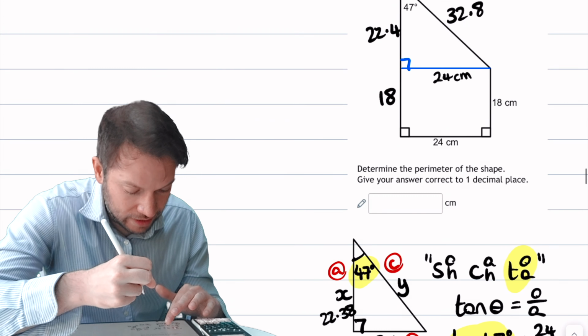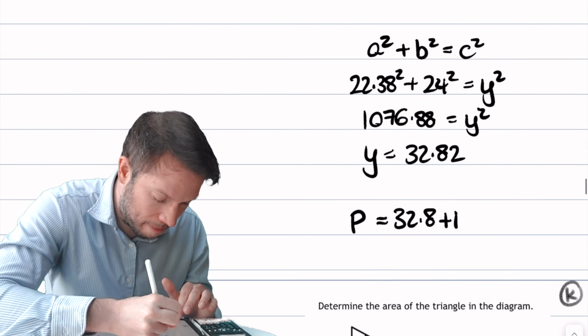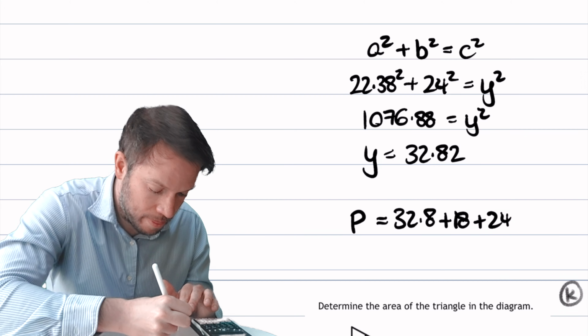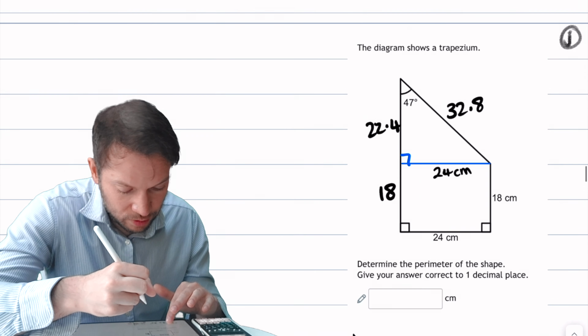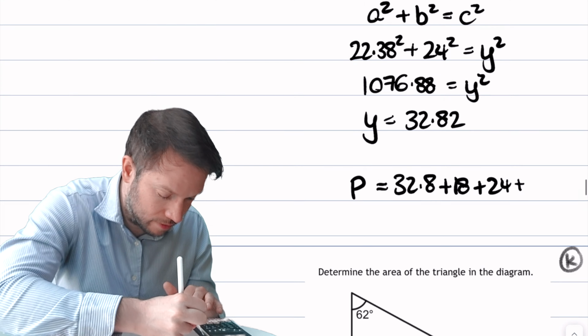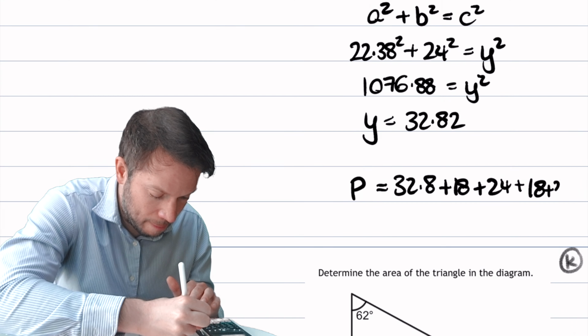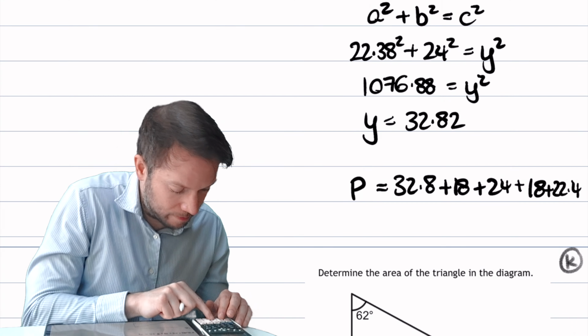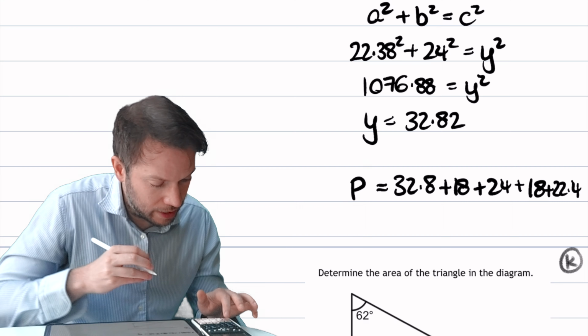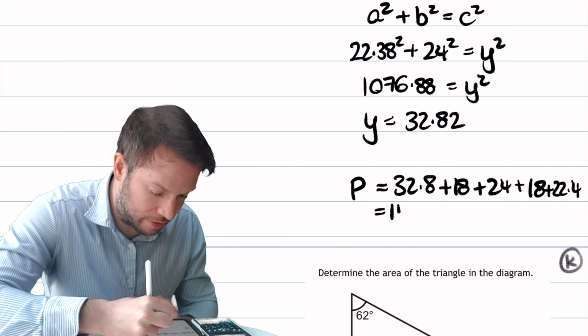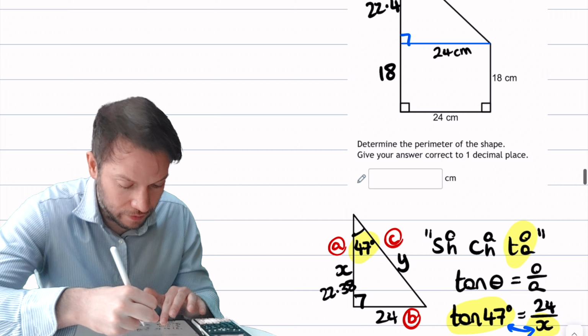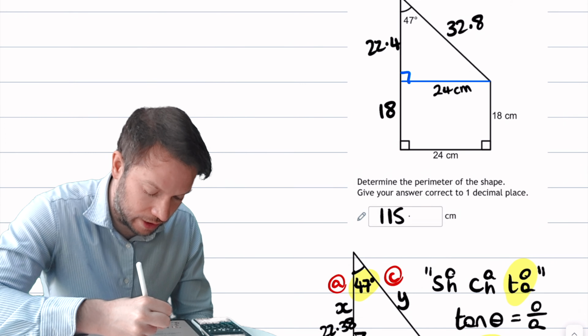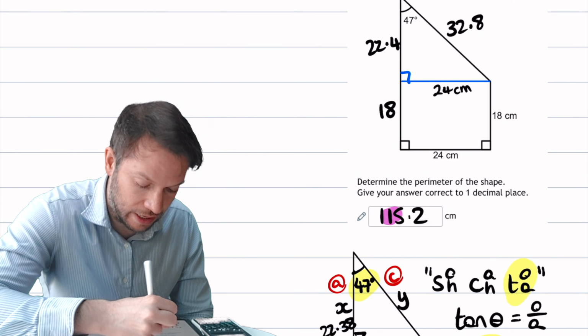We've got the 18 and the 24 at the bottom. And then we've got the 18 and the 22.4 coming up. Add all those together, and that is 115.2. So that is the final answer. The perimeter is 115.2 centimetres. And we are done.